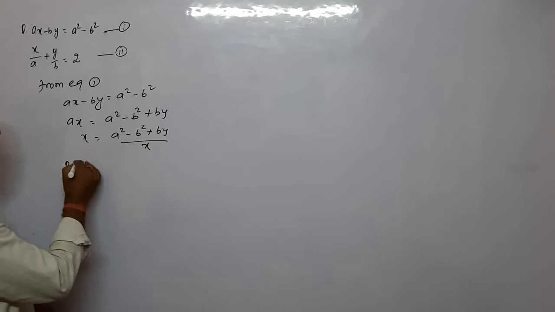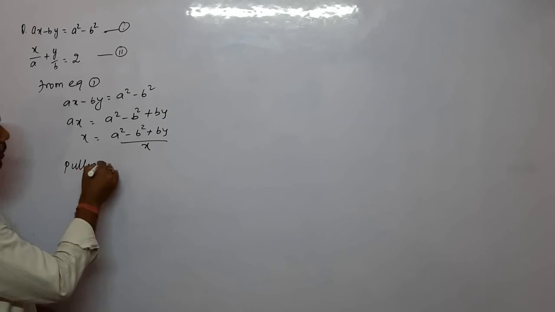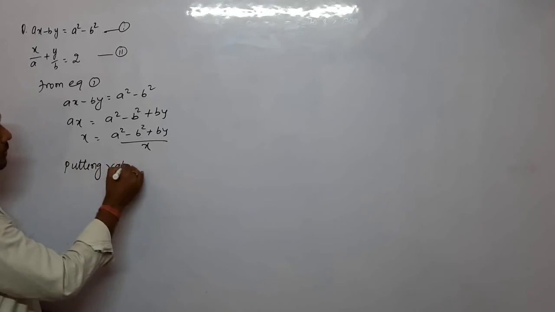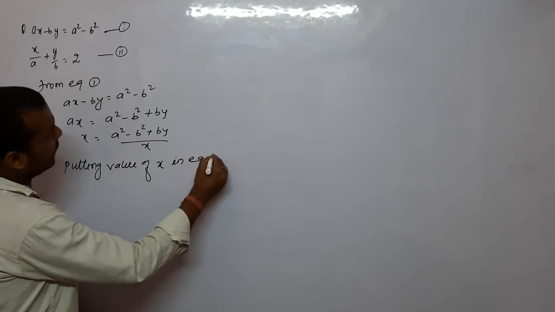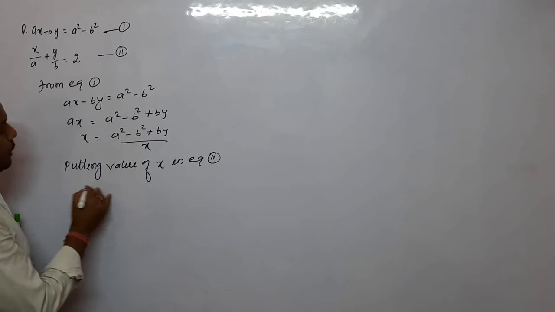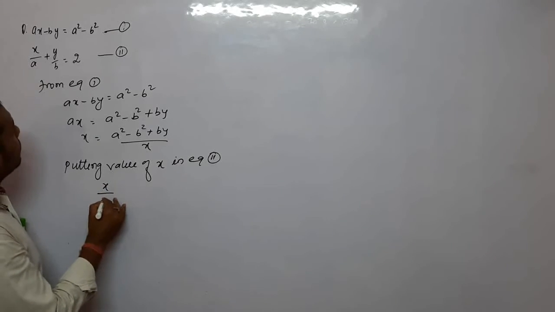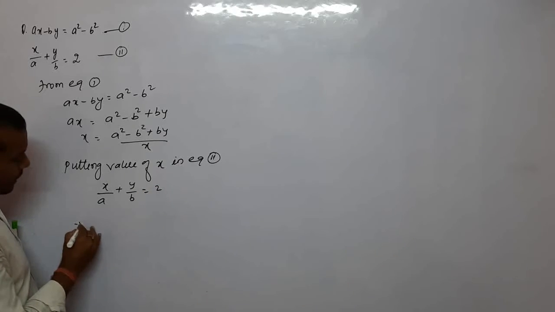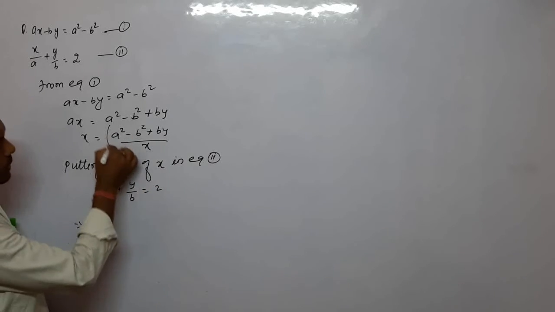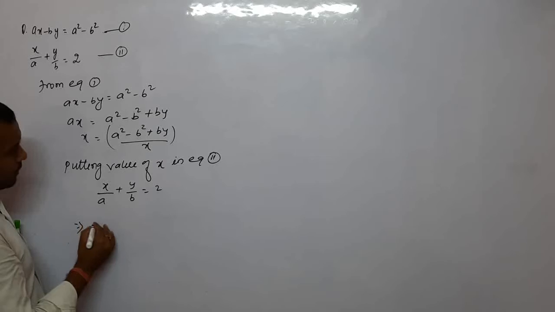So putting the value of x in equation 2. Equation 2 is x by a plus y by b equal to 2. At the place of x, we will substitute this value, student.